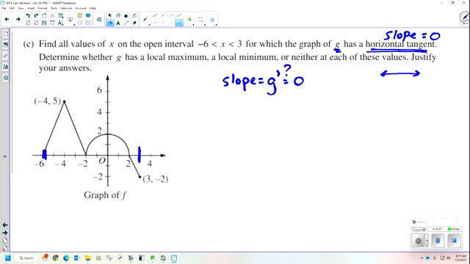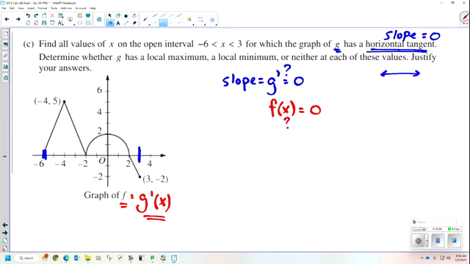Well, for the previous part, 5b, we stated that f is the same thing as the derivative of g. So if I want to know where the derivative of g is equal to 0, that's the same thing as asking where f is equal to 0.